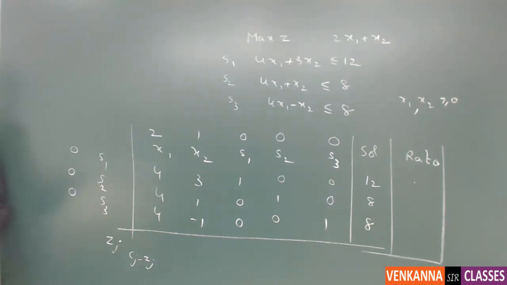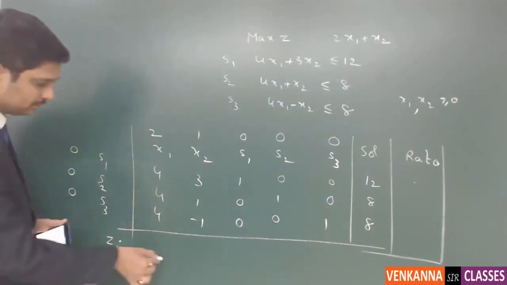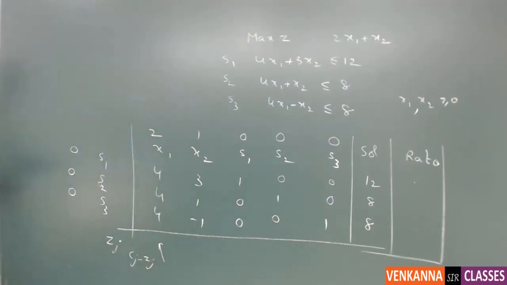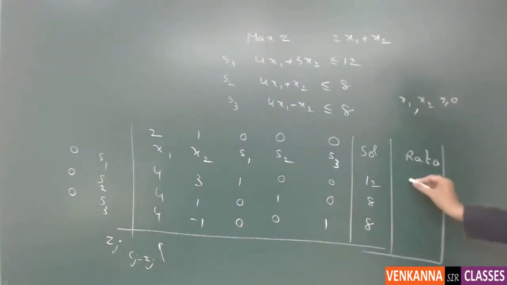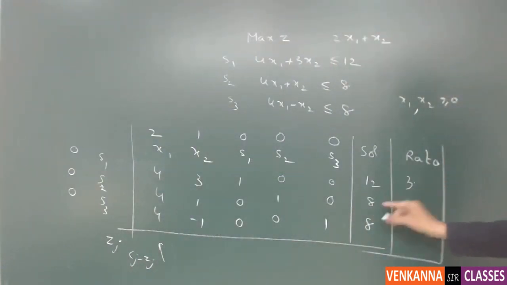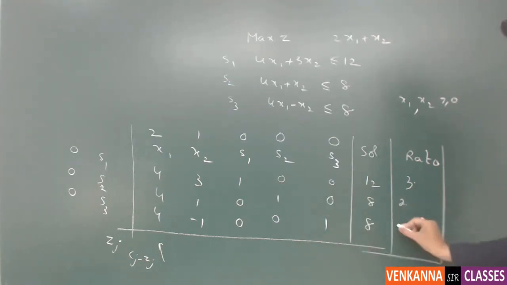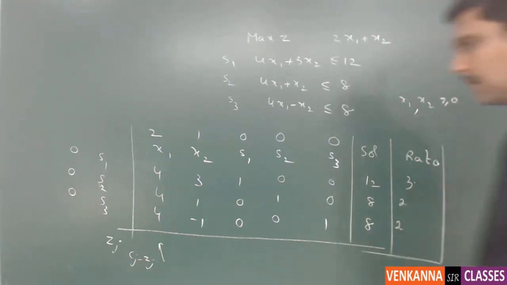So x1 is the key column, right? To select the pivot element, we are going with the ratio, right? So if we calculate, it will be 12 by 4, the ratio is 3. It will be 8 by 4, the ratio is 2. 8 by 4, the ratio is 2. Accepted now?